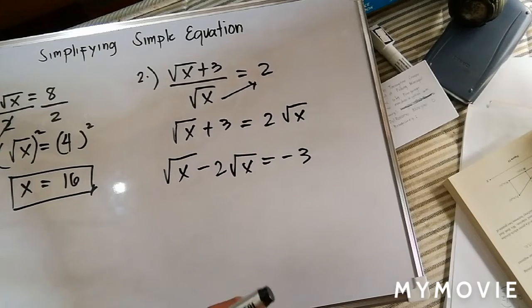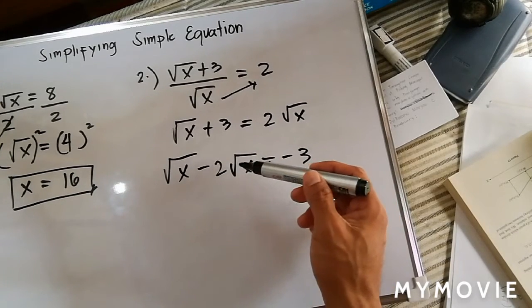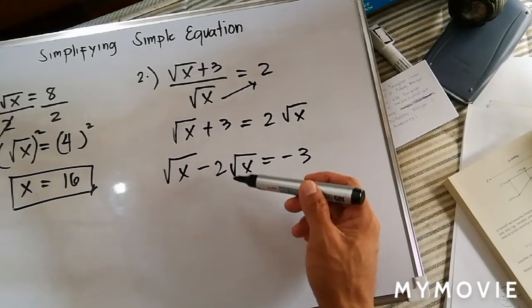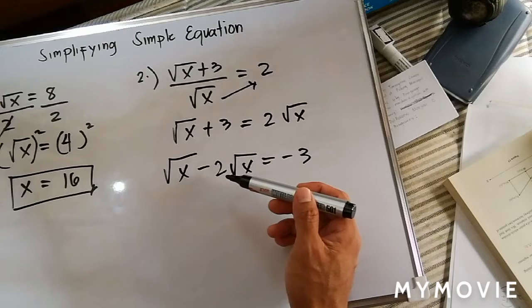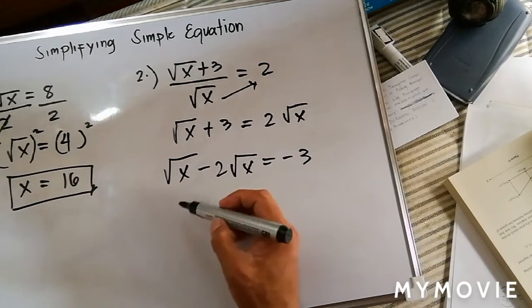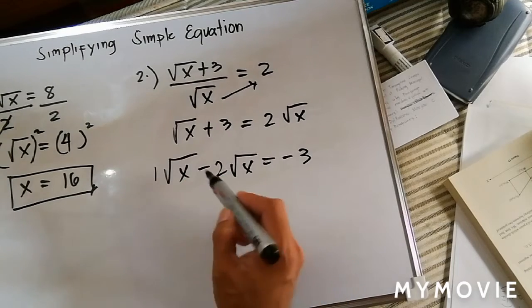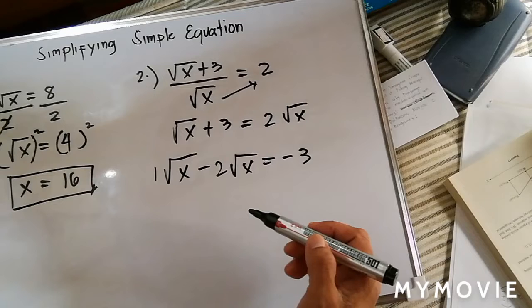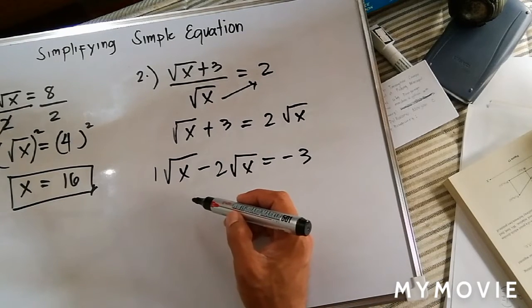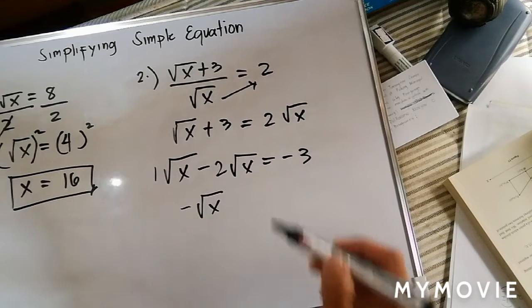Since they have different signs, we subtract. Since the second term has the bigger number and a negative sign, we follow that sign, so it becomes negative square root of x.